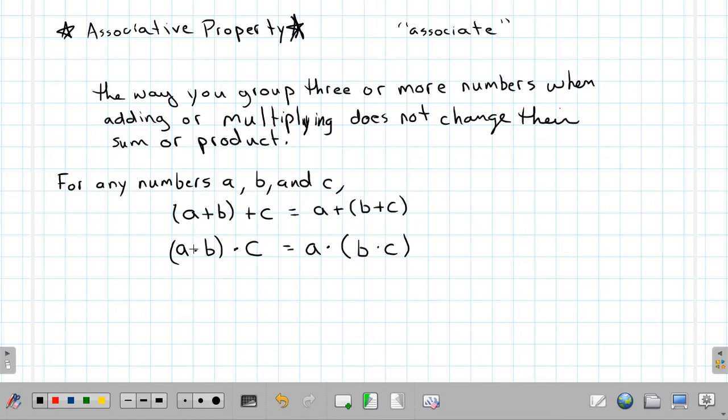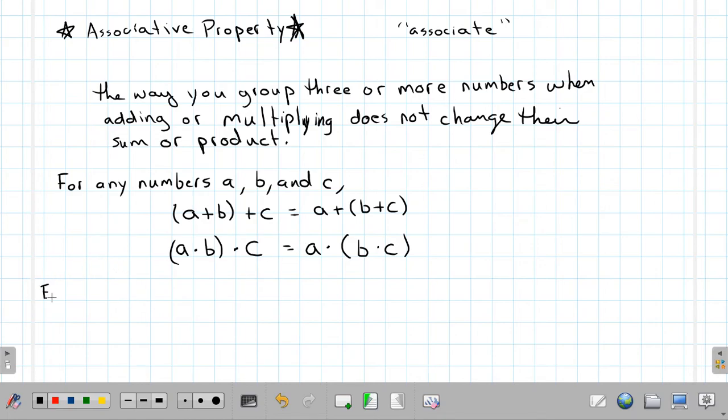It doesn't matter if you multiply the first 2 numbers together, then multiply the third number, because it's going to be the same as if you multiplied the last 2 numbers and then multiplied it times the first number, okay? So when I say use the word associate, it doesn't matter if you associate the first 2 numbers together or the last 2 numbers together, okay? In terms of multiplication and addition, the outcome is going to be the same, okay?